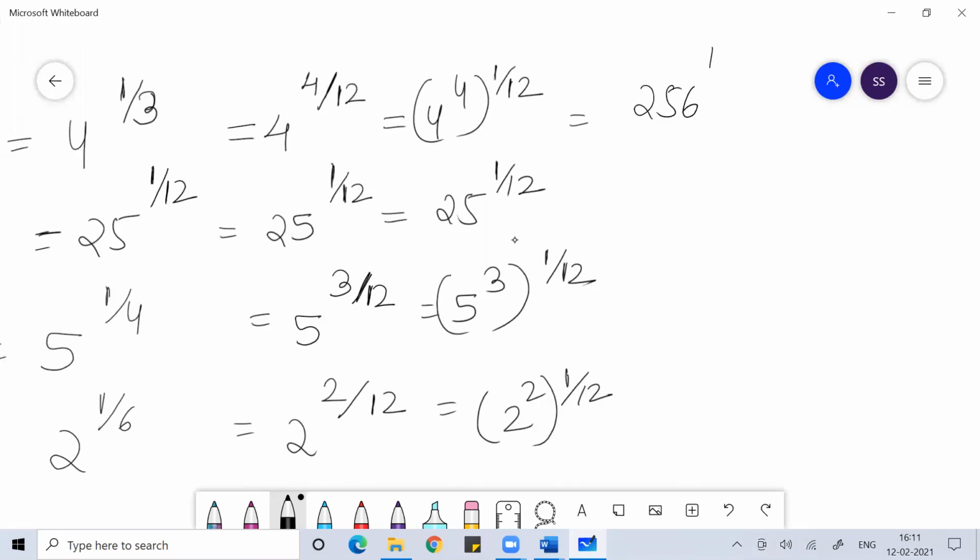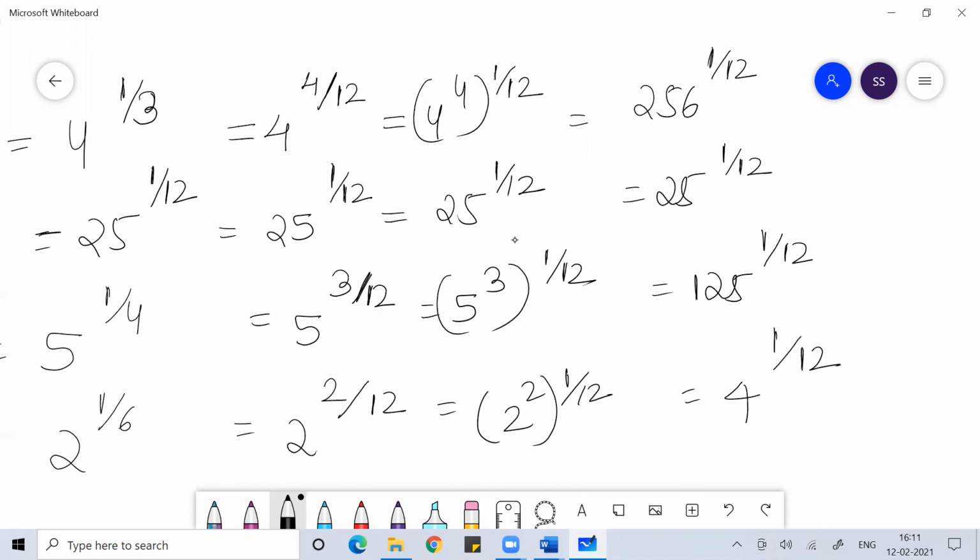This is 256 to the power 1 by 12. 4 to the power 4, correct? 16 to the power 2, 256. This is 25 to the power 1 by 12. This is 125 to the power 1 by 12. And this is 4 to the power 1 by 12.